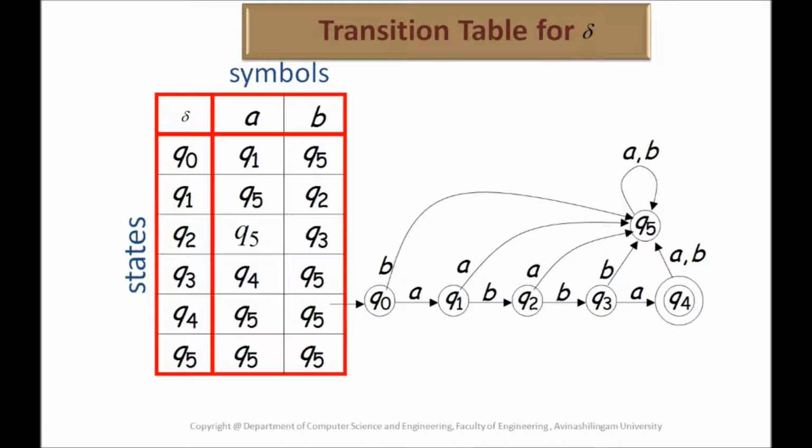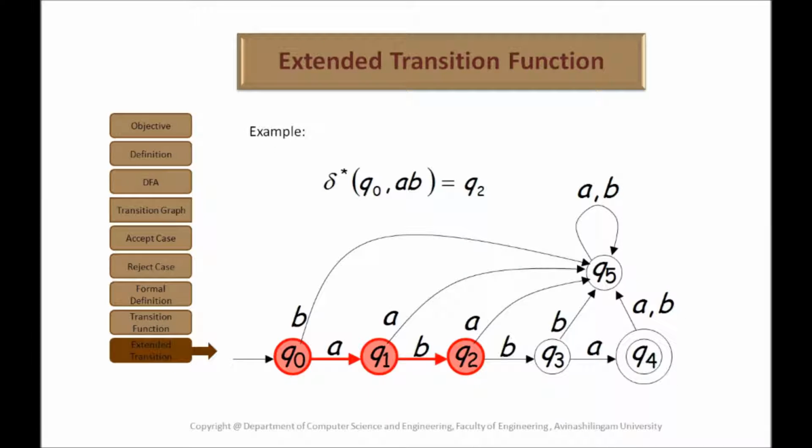Next we will see the extended transition function. Here we have an example, where AB is considered as the input string. The extended transition function is represented as delta star. So here we have to process two input symbols at a time.